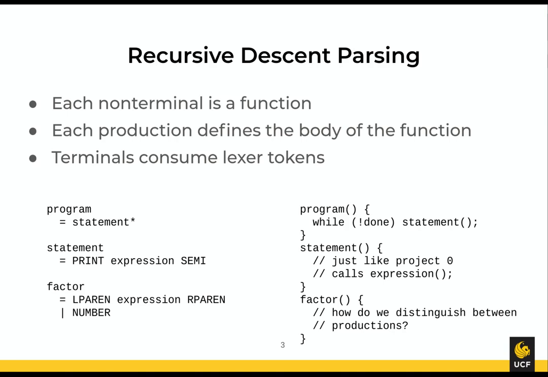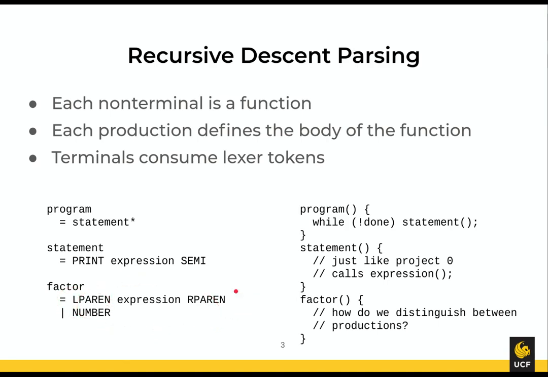But what can we do that's closer to lexing that would be faster? What can we do in this case to distinguish between these two productions? Yeah, you can use a lookahead. So you can look ahead one character or one token, depending on how you implemented your lexer. And in this case, you can predict exactly which production you're going to end up using.